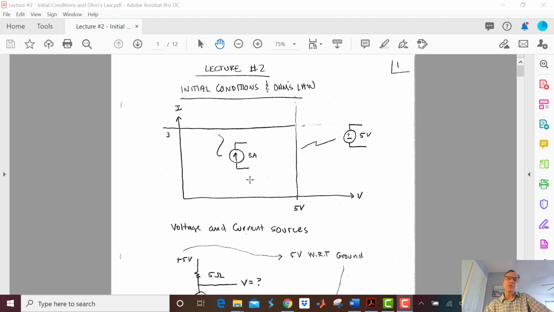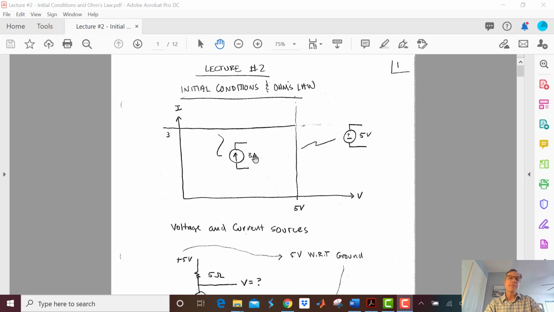Now let's look at a current source. The way I like to think of a current source intuitively is it will put out whatever voltage it needs such that the current coming out of that source is the specified value. In this case, our current source is 3 amps.